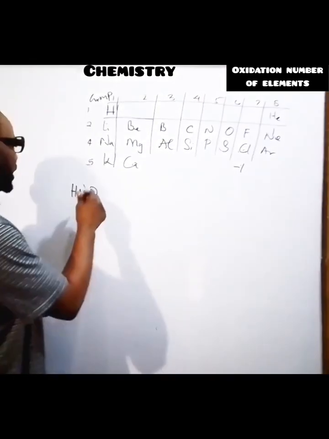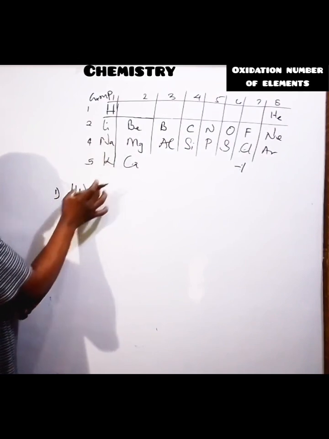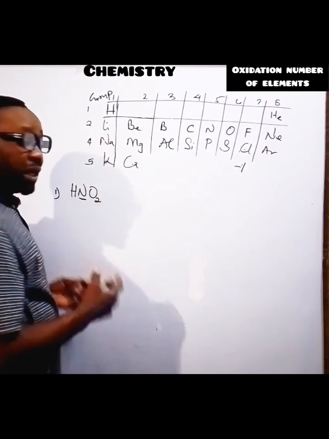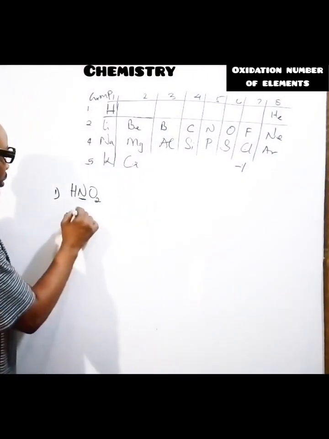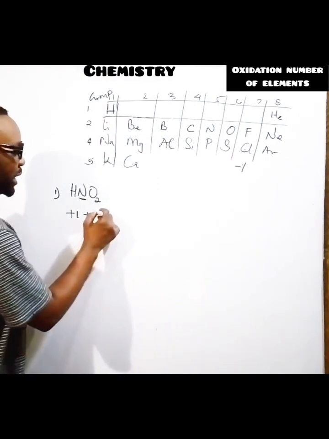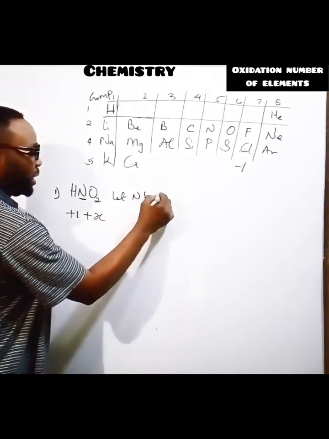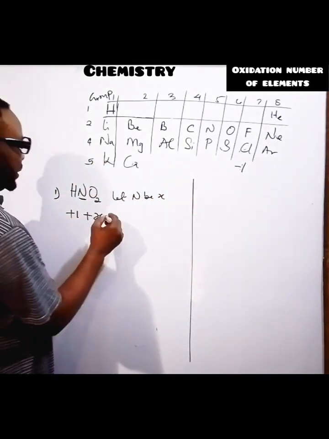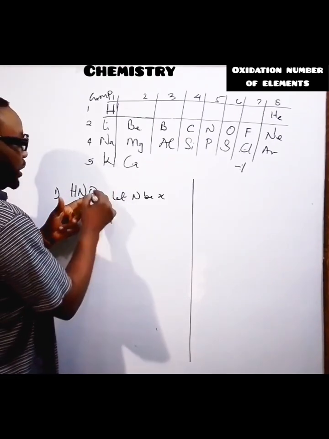Now, in this case, this is the compound state, and the oxidation number of hydrogen, as we have stated earlier, is usually equal to +1. Plus, we are calculating that of nitrogen, so let's represent nitrogen by X. What is the oxidation number of oxygen in its compound state?